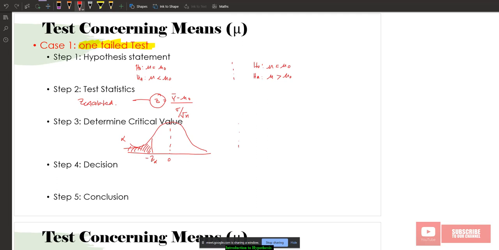For this example, since the alternative hypothesis is more than, it should be on the right hand side. So this is 0. This is a rejection region, which is your alpha, and this is Z alpha, the critical value.